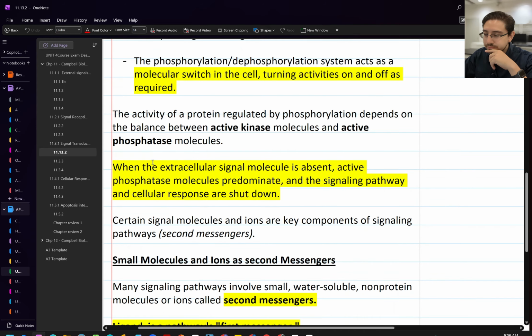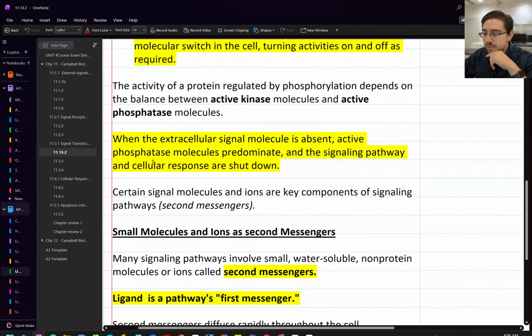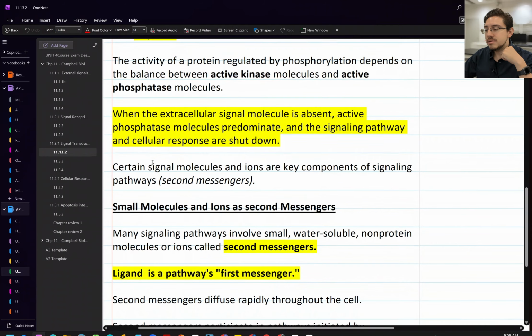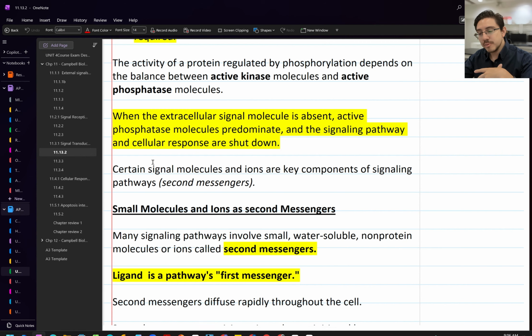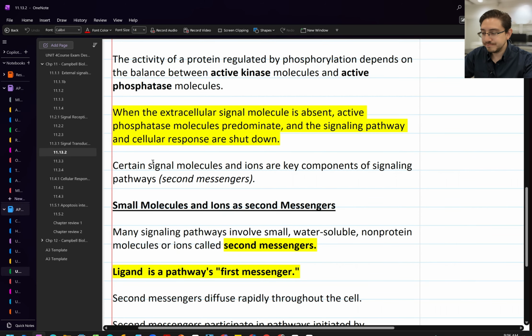So again, the whole idea of signal transduction is a balance. It's a play between active kinase molecules and active phosphatase molecules. Depending on the concentration difference, you will have a signal passing or not. So that's important to know: there's a balance between active kinase molecules and active phosphatase molecules.